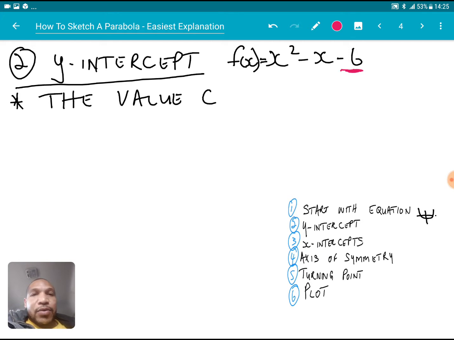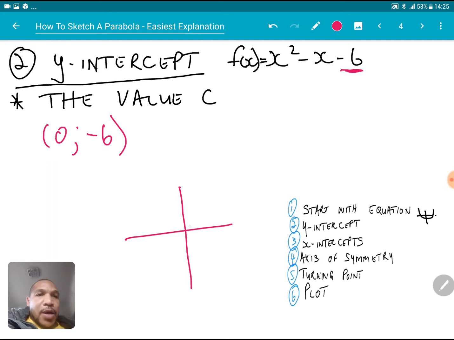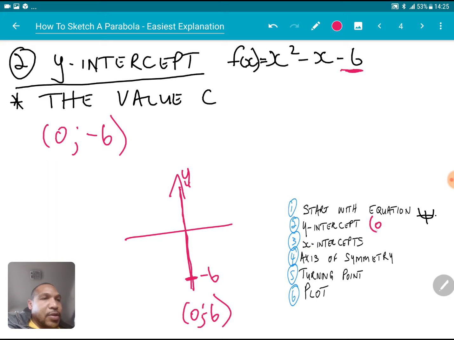So write down the point (0, -6), because everywhere on the y-axis, x will be equal to 0, and the y-intercept is going to be at -6. So let's write in our y-intercept.